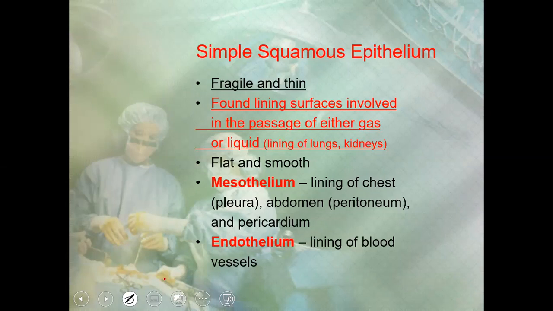We don't want there to be a lot of effort to do that. The blood vessels. Again, we need gases to very easily pass out of the blood and into the tissues, and out of the tissues and into the blood. I don't want to put up the Great Wall of China. I want this to be very easy to pass back and forth through. So we're going to use a simple squamous, single layer of very flat, very delicate bricks.